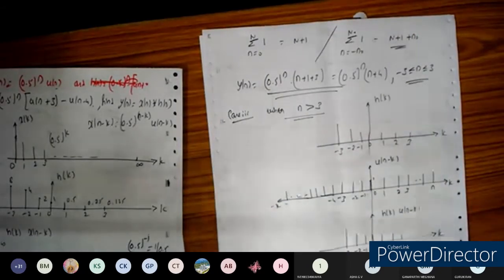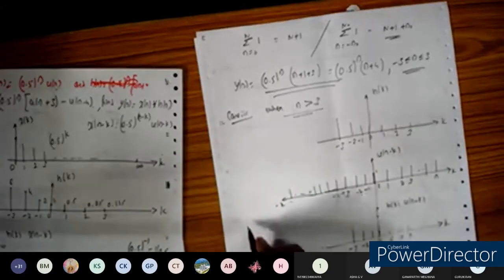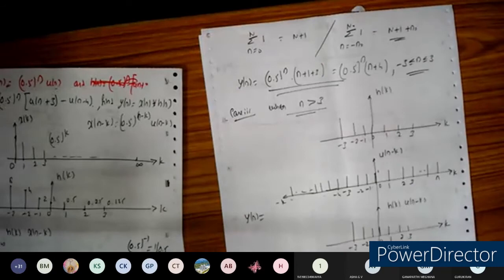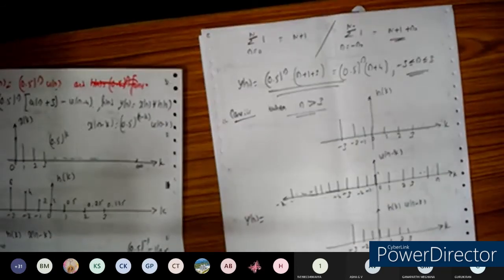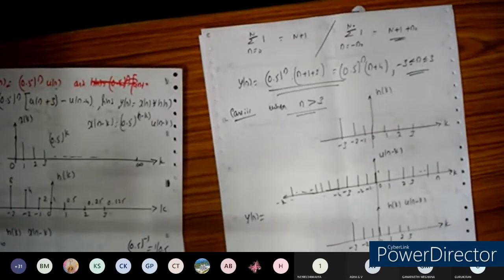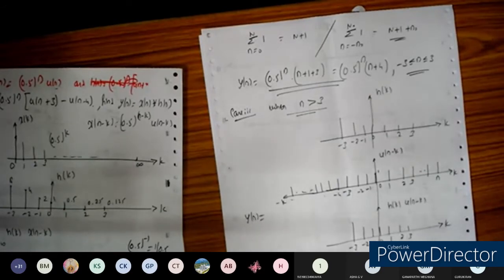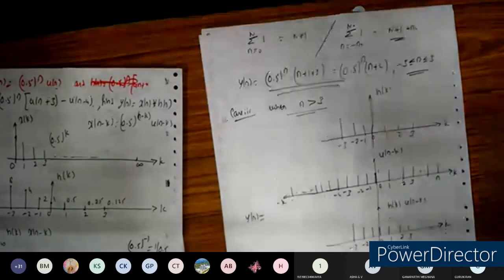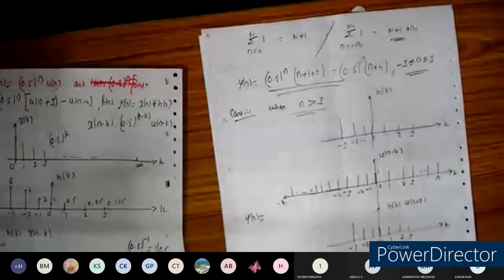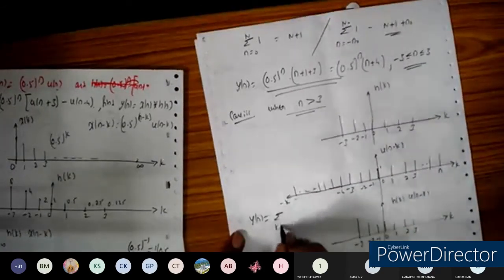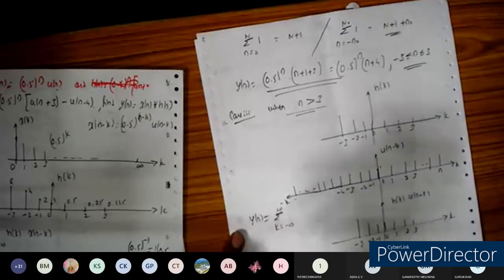Now let us write the summation formula. So let us write the formula for the y of n. Okay, so the formula is summation k equal to minus infinity to plus infinity.